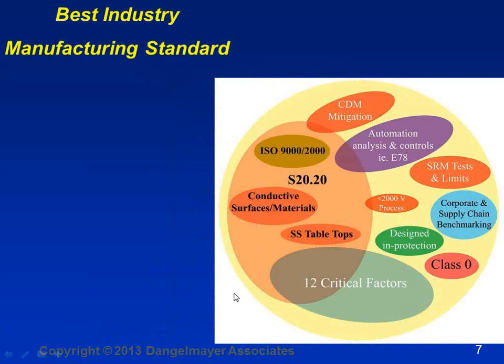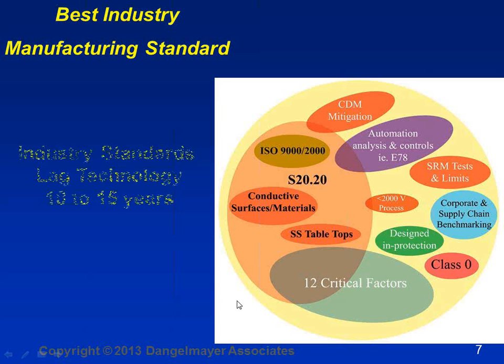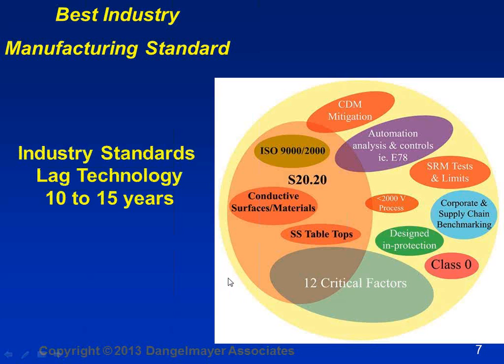Okay, industry standards. S20.20 is the best industry standard for manufacturing practices. However, in general, standards lag the technology by as much as 10 to 15 years, and S20.20 is no exception.